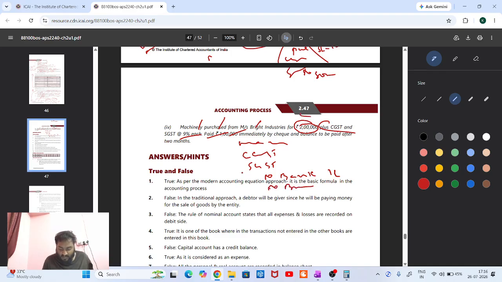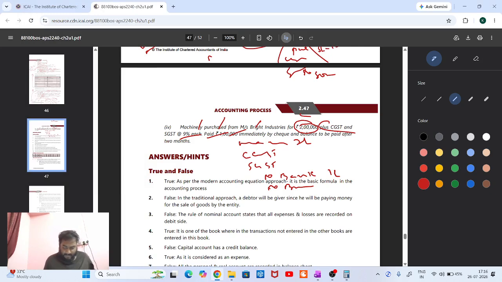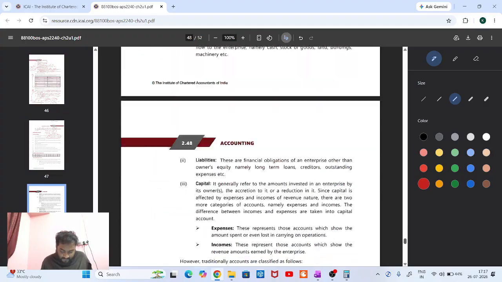So machinery is 2 lakh. 2 lakh into 9% is what? I'm not fast enough, I'll have to calculate here. 9% is 18,000. 2 lakh plus 36,000 is 2.36 lakh, minus 1 lakh is 1.36 lakh. The answer to this is 1.36 lakh.